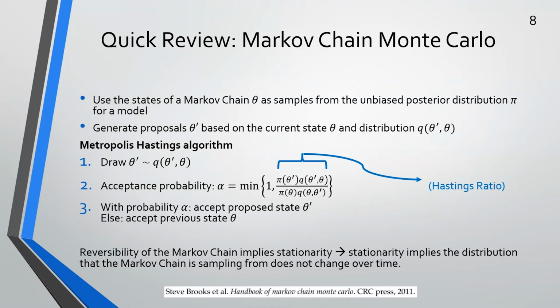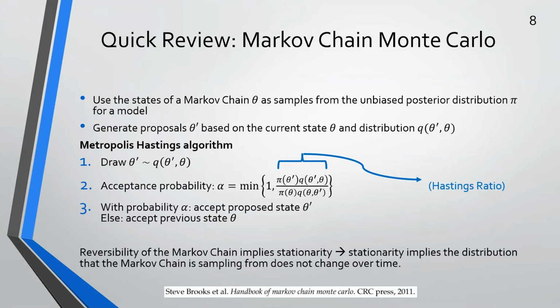And if we define our Markov chain carefully, then we're guaranteed to sample from the exact posterior distribution. And then we just need to run our Markov chain long enough to get an appropriate number of samples to get a reasonable approximation of our distribution.